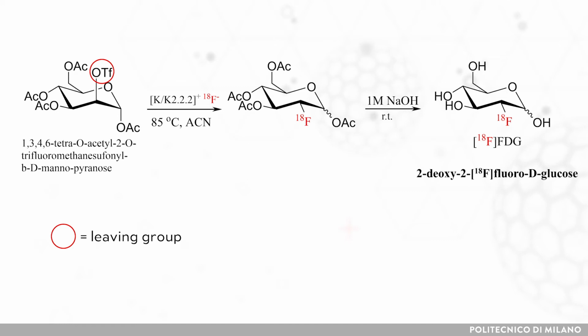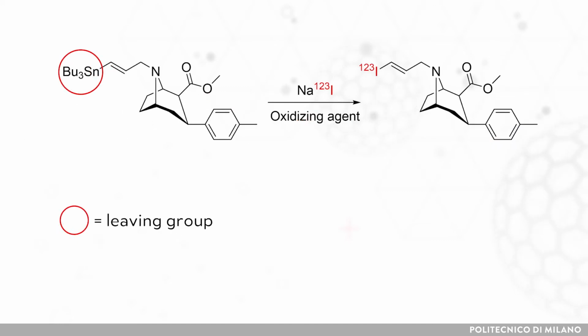This reaction is an aliphatic nucleophilic substitution. Whereas the electrophilic aliphatic substitution can be exploited to synthesize iodine-124 labeled dopamine transporter. This is achieved by substituting the electropositive tributyltin functional group with an iodine-124 cation.